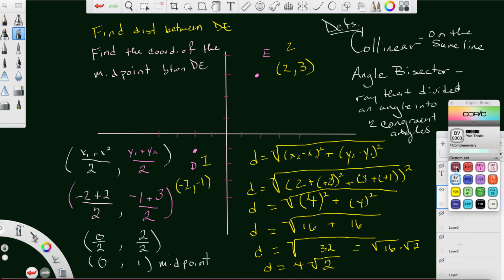Okay, and what's important, I need you to use the word congruent, or I'd like you to use the word congruent, and it divides it in two. Those are the two things. A ray that divides an angle into two congruent angles. That explains everything nice and succinctly.